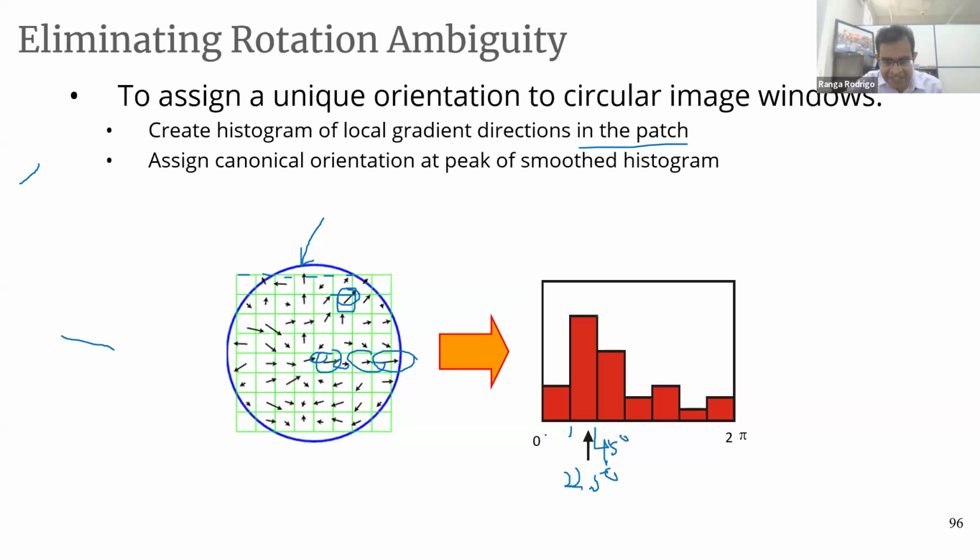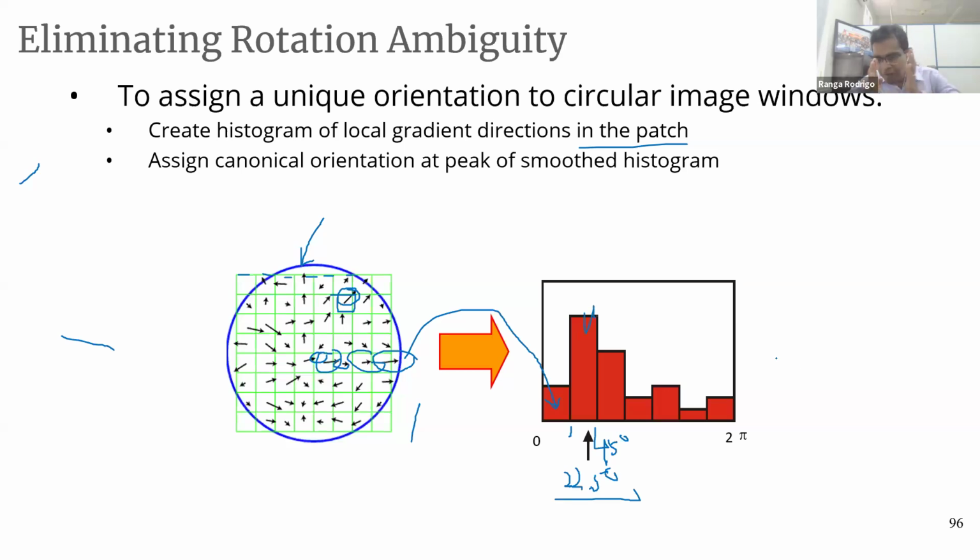So you have divided the set of possible angles into slots of 22.5 degrees, 22.5, 45, and so on. Then you add the gradient strengths to this bin. Those that are between 22.5 and 45, you put into that bin, and so on.